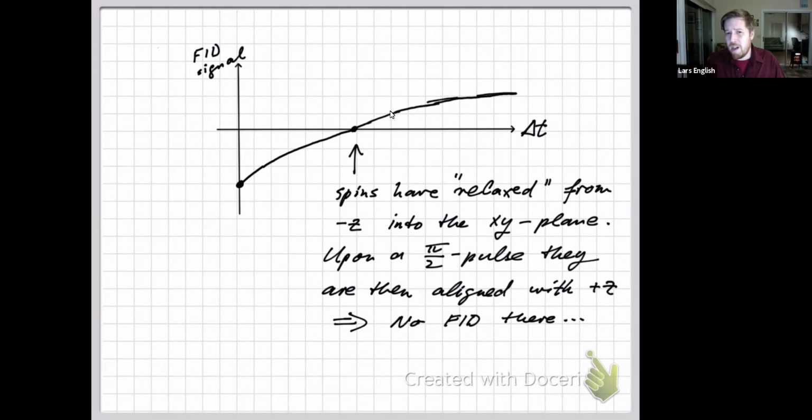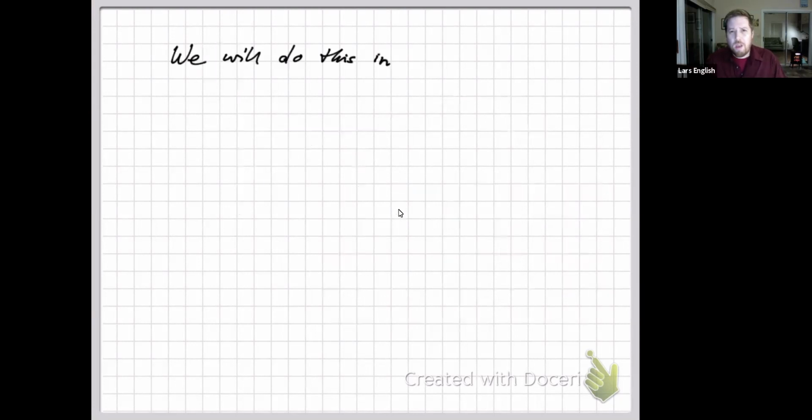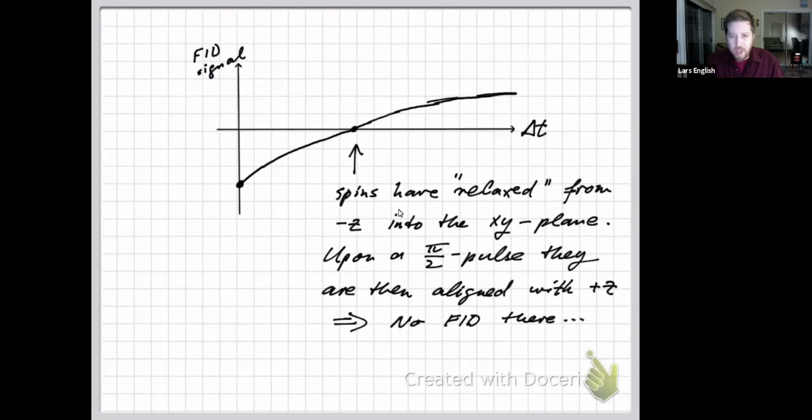The reason this is positive versus this is negative just has to do with phase. So you could also just plot the absolute value of this signal if you wished. And so we will do this inversion recovery experiment in due time. So this inversion recovery method basically tells you what T1 is.